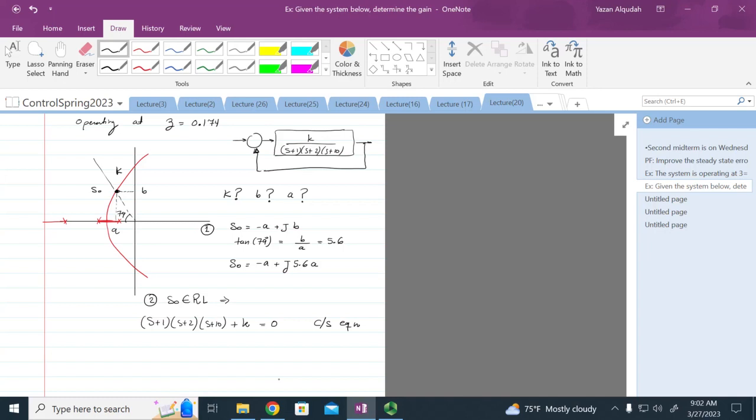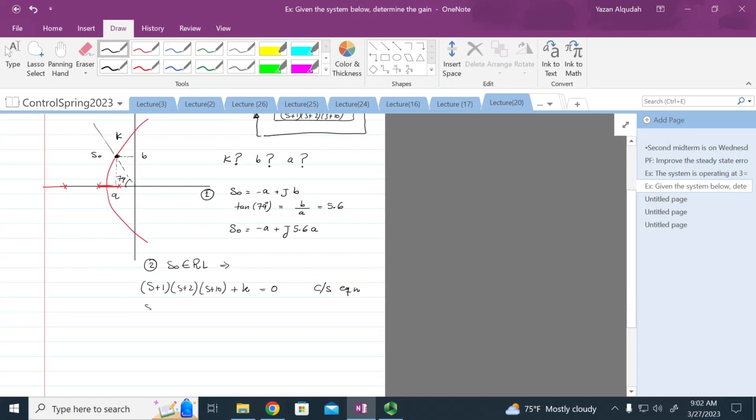So therefore, I can write this as S cubed plus 13S squared plus 32S plus 20 plus K equal to 0. Now if I substitute for S with S0, it should satisfy this equation.